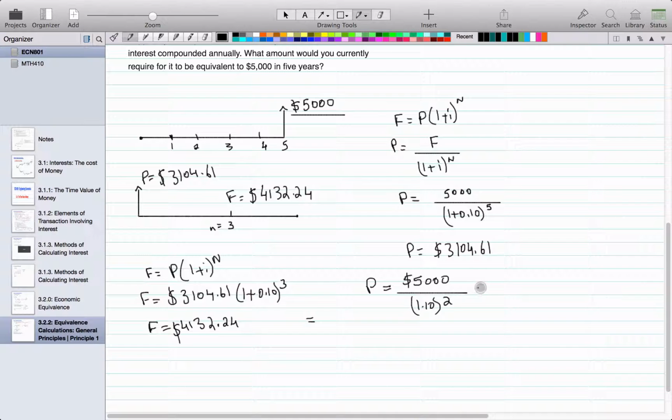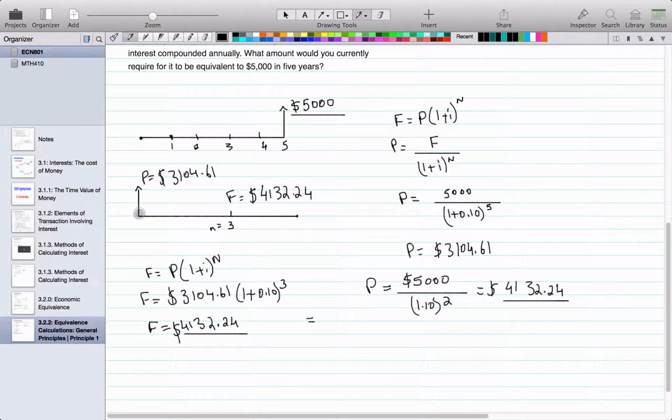So it should be equivalent to this value, and it is. Your answers may differ by a decimal place or two, because your calculator is not calculating the exact value. You may have rounded this present worth to 61 cents, right? Because of that, you may have a slight difference, but the dollar amount should be equal to each other, which is correct.